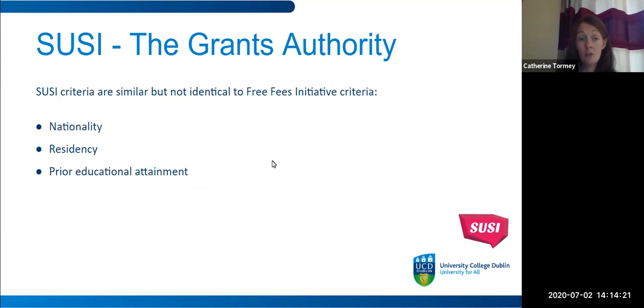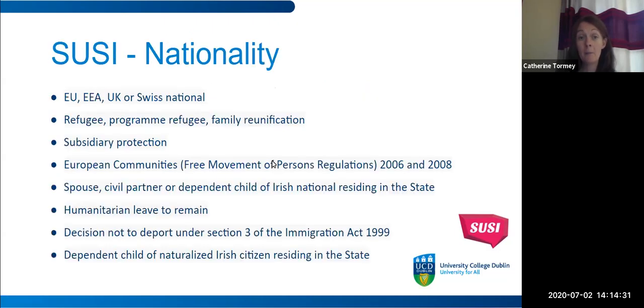It's not unheard of at all for a student to be eligible for the Free Fees Initiative and not eligible for SUSI, or eligible for SUSI and not eligible for the Free Fees Initiative. So please double check. So nationality, there are the different categories that SUSI will accept as your qualifying nationality. So double check whether or not you meet those criteria. They are slightly different to the Free Fees.